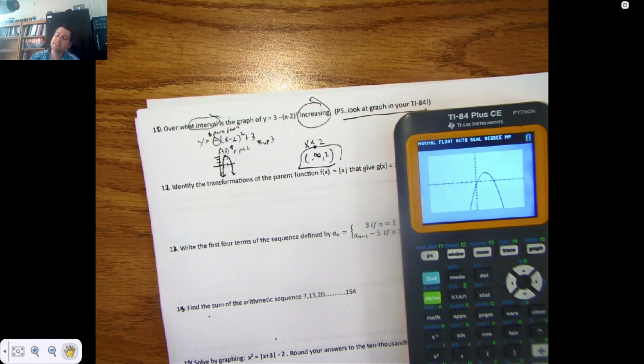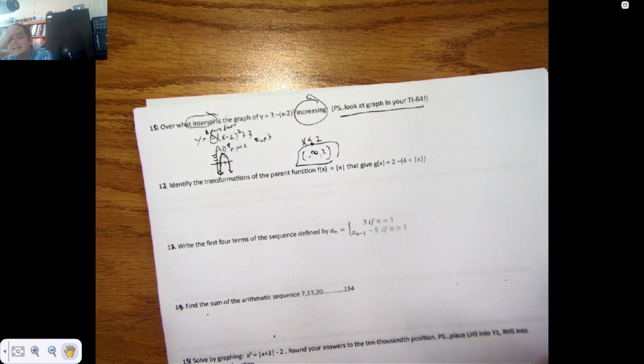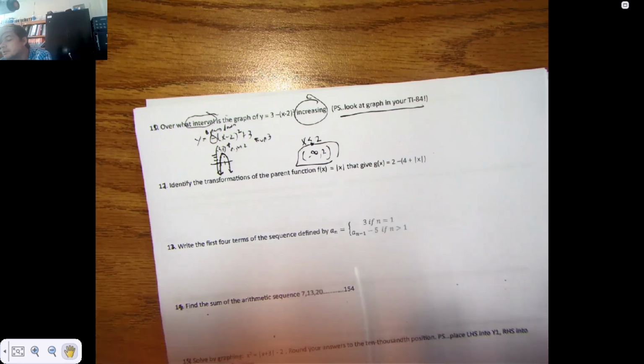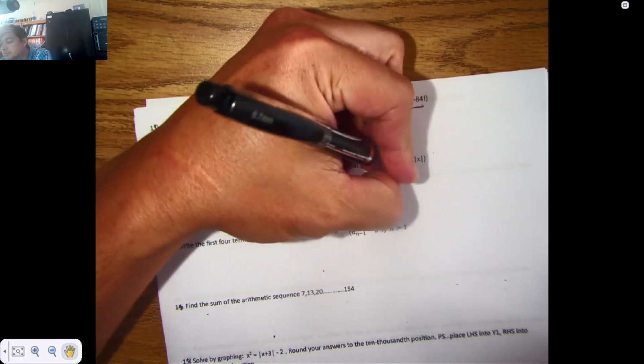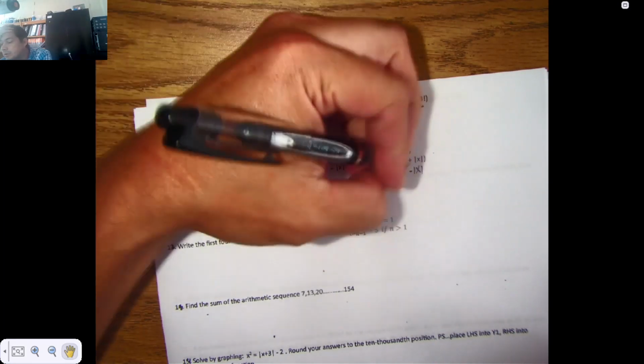All right, number 11 is identify the transformations of the parent function f of x is the absolute value of x that gives g of x being 2 minus (4 plus the absolute value of x). So what I'm going to do is modify this a little bit. I'm going to distribute that negative, and then rewrite it in standard form.